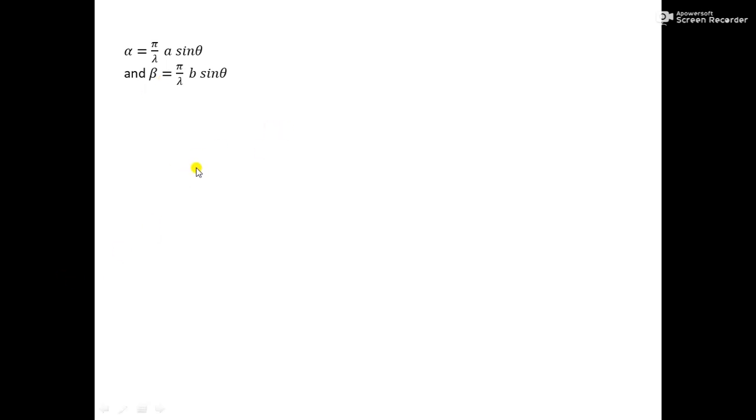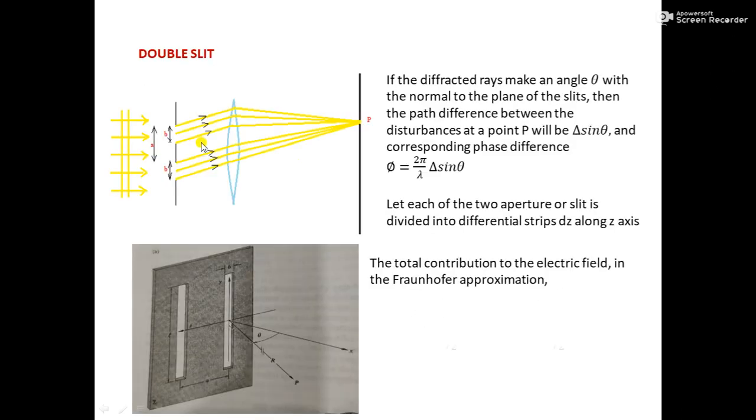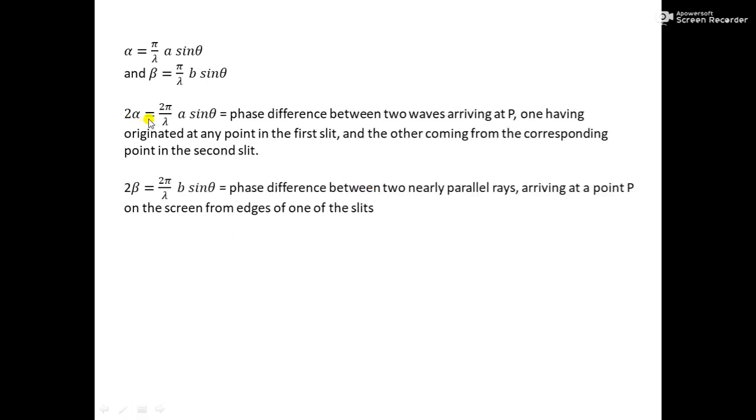If we multiply both sides by 2, then 2 alpha gives 2 pi by lambda a sin theta. We know that 2 pi by lambda times a sin theta, or b sin theta, whatever it may be, gives the phase difference term. So this must be a phase difference, as it includes a, and a is the separation between the two slits.